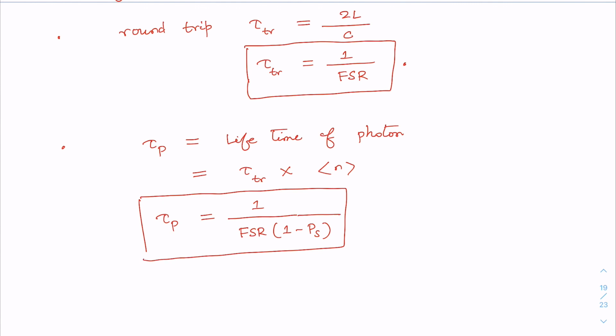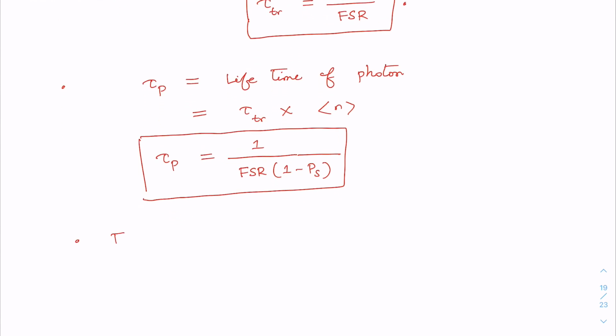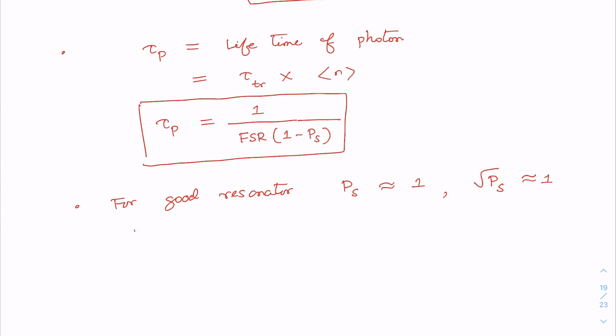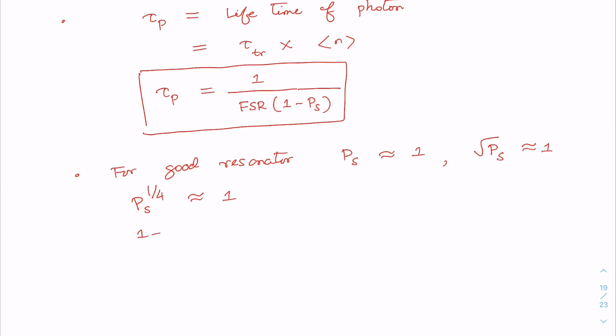Okay, now actually for a good resonator, or good cavity, this survival probability is nearly 1. So therefore we can nearly assume that square root of PS is equal to 1, or we can set PS to the power 1 by 4 to be nearly 1, and we can write 1 minus PS is equal to 1 minus square root of PS into 1 plus square root of PS.